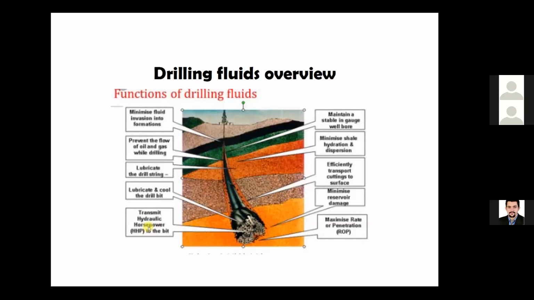Shale inhibition is the process of controlling shale. Shale is clay formation compacted under certain depths. We call it shale, not clay. If we find clay at the surface, we call it clay normally. But the compacted clay found at depth is called shale.